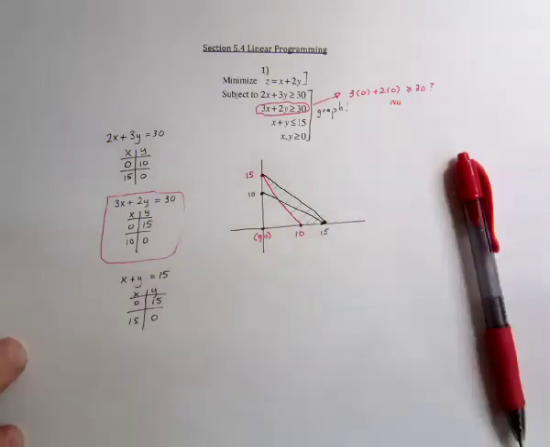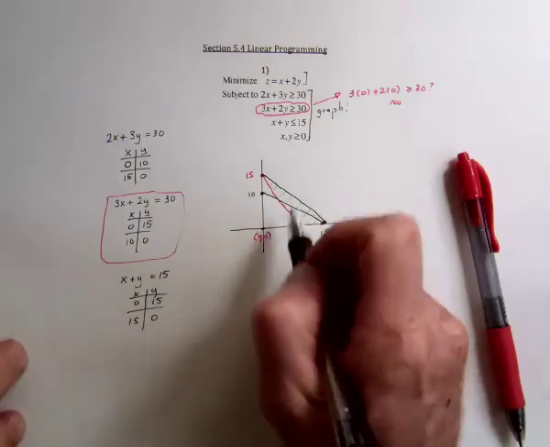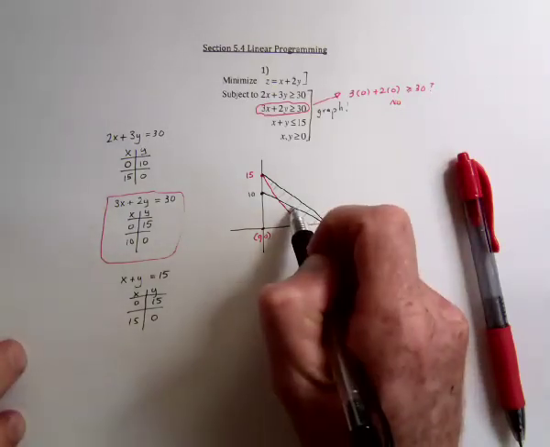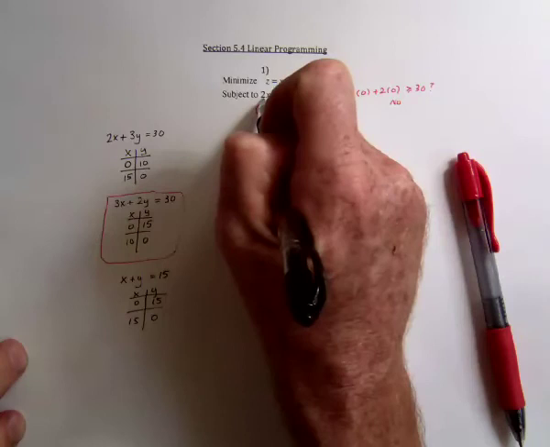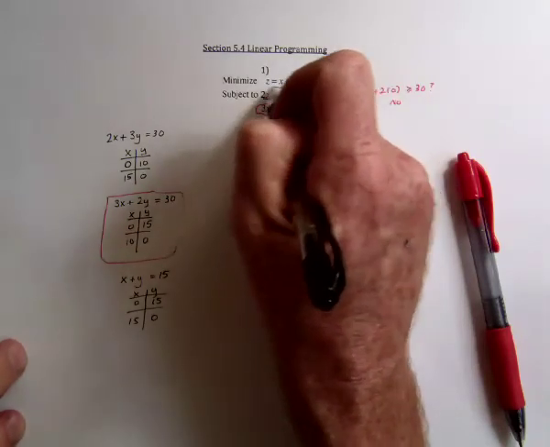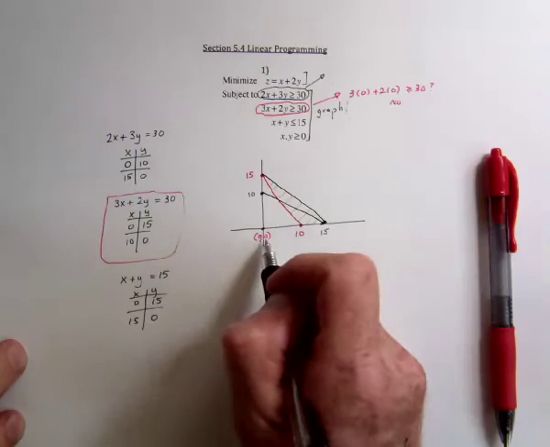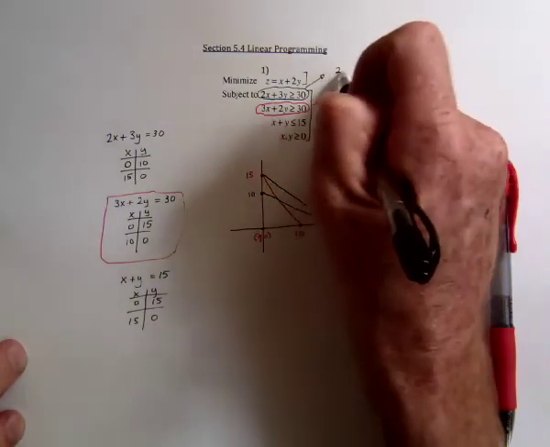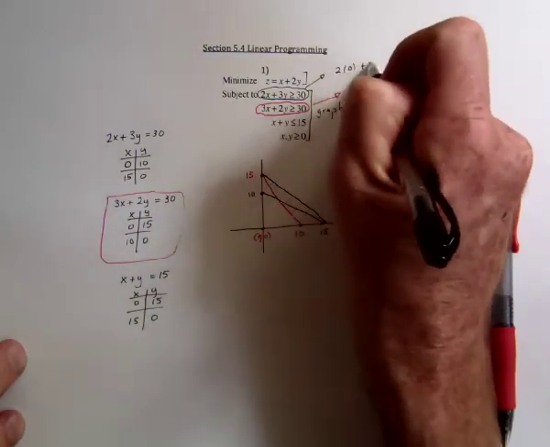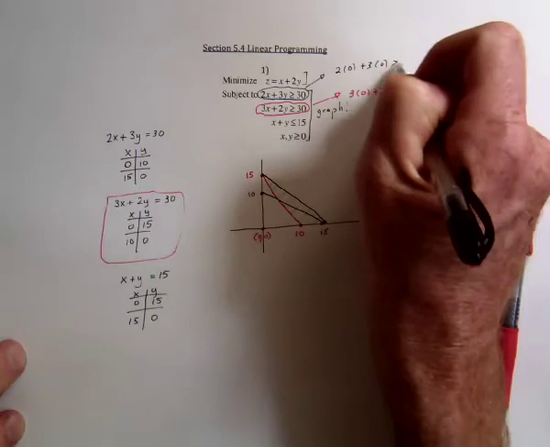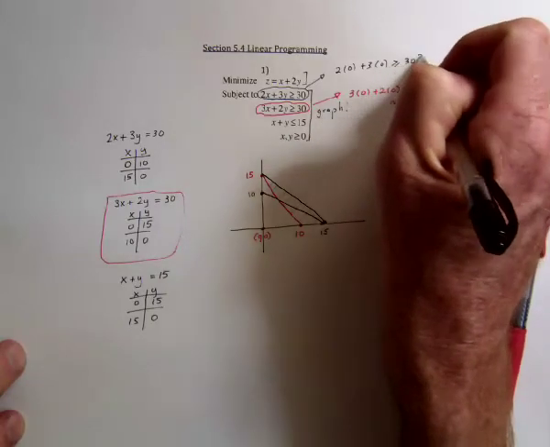Because we still need to go back, and for this black line, which was this one, we need to test 0, 0 as well. Or some other point, but 0, 0 just seems to be the easiest. So 2 times 0 plus 3 times 0, is that bigger than or equal to 30?